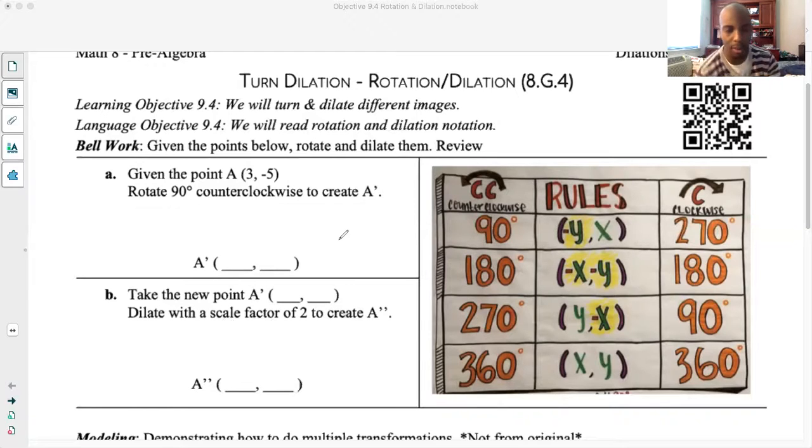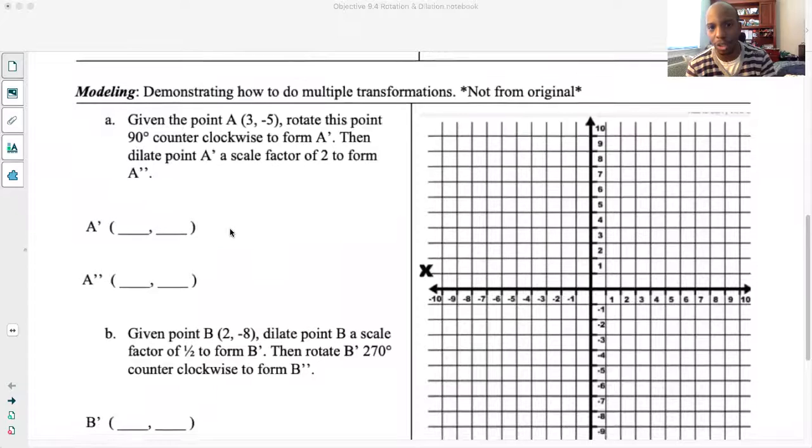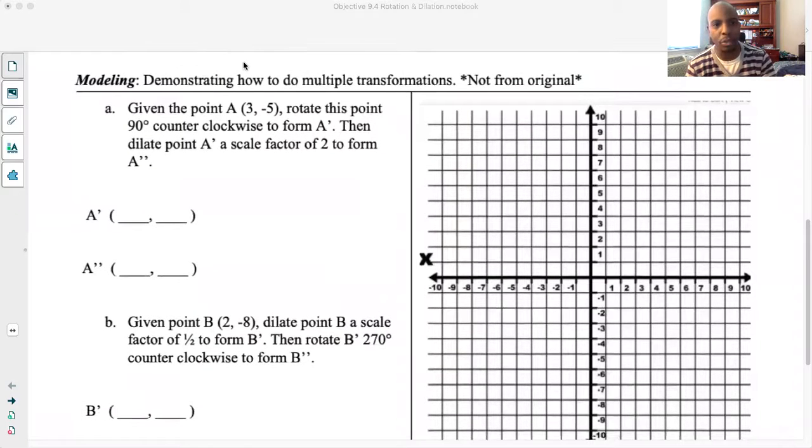Let's scroll down. Now what you're going to see when we scroll down is that this bell work that we just did is the first modeling problem that I'm asking you to do, which really isn't complicated because we just completed this, right? We just did this. Now the reason why I worded it again is because I want you also to get into the habit, and I said this in the last video, of also making the point on the actual coordinate plane.